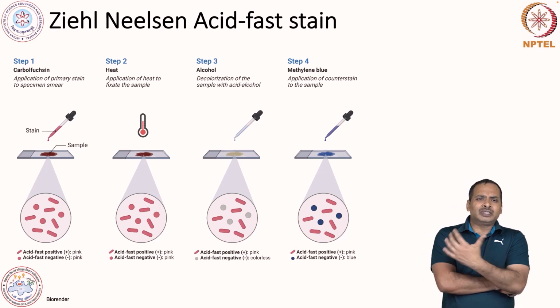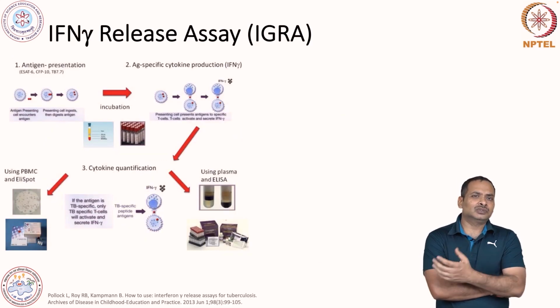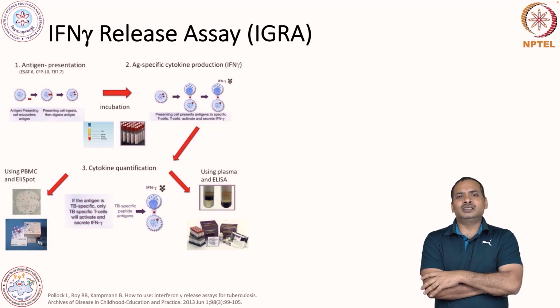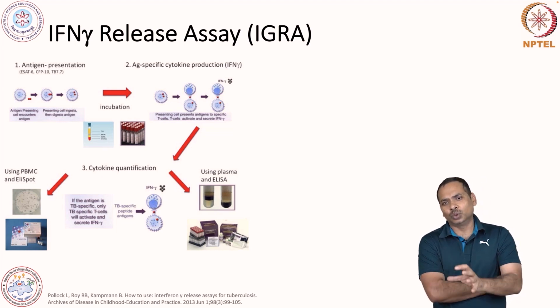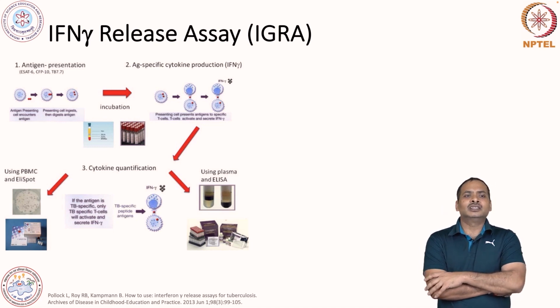But there are some other methods. Looking at Mycobacteria is the gold standard for diagnosis, but there are some other ways. Here you can see the interferon gamma release assay.